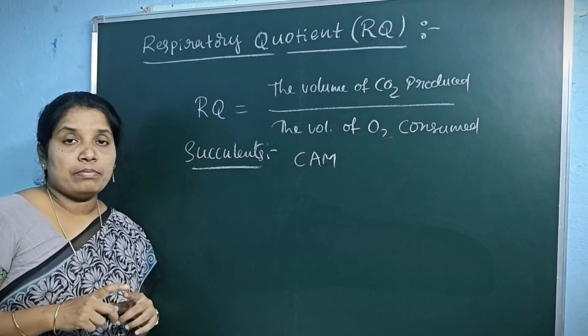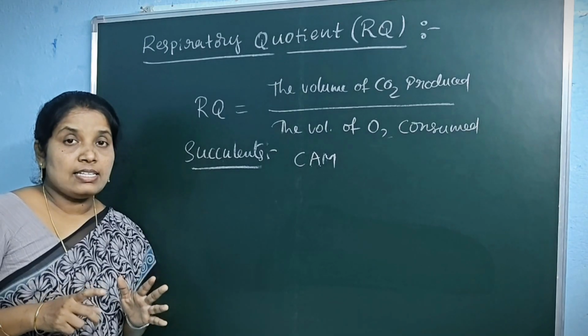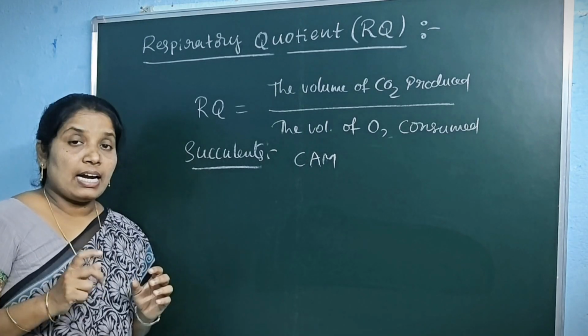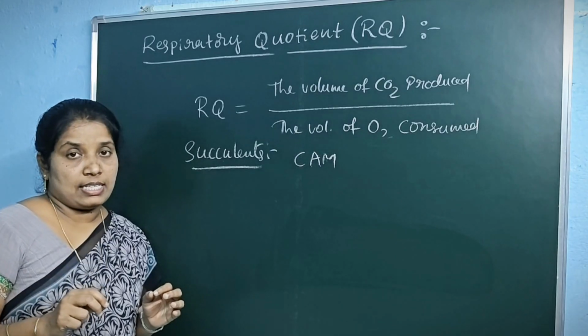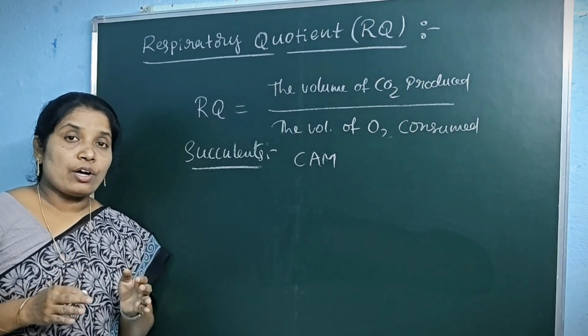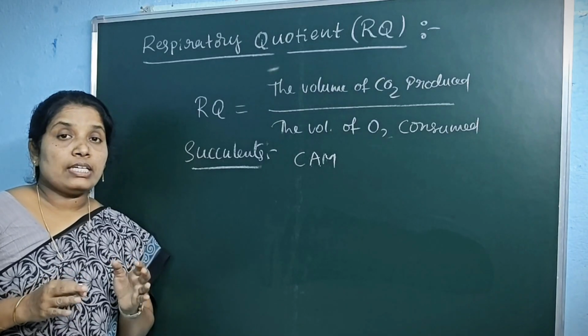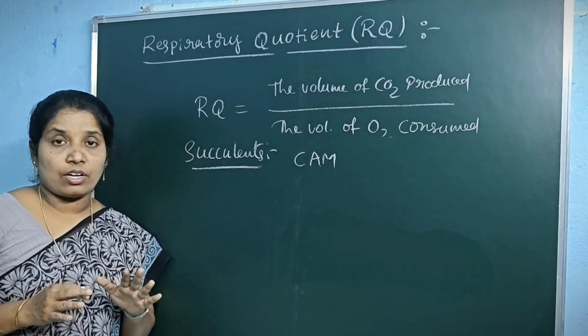During the daytime, malic acid undergoes splitting, and CO2 is released. That released CO2 is utilized for photosynthesis. So in this way, there is no release of CO2 during the oxidation of organic acids in the succulents.